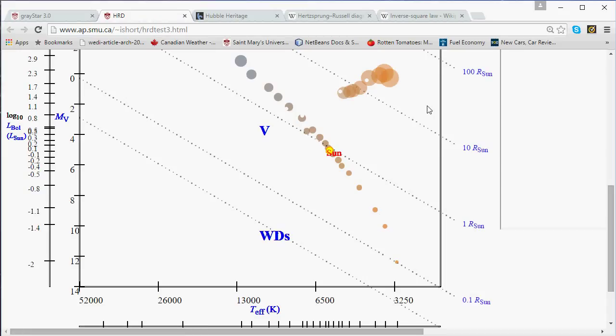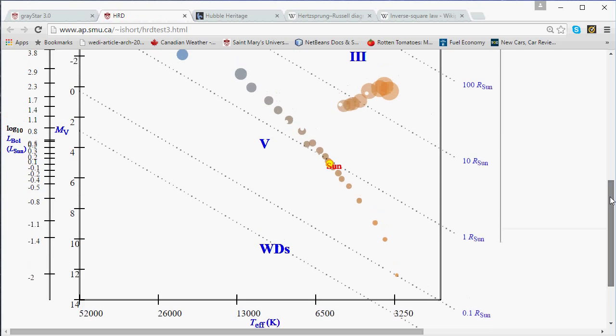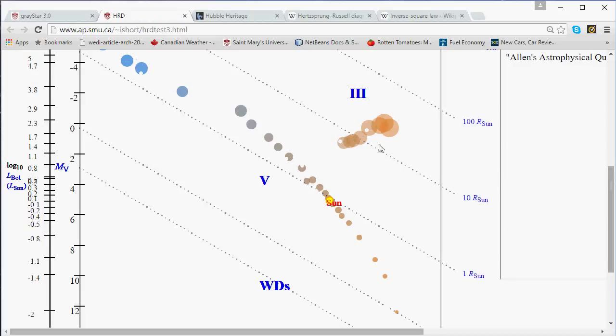In fact, once again, the relative size of the plot symbols that are being used in this graph are representative of the relative size of the stars. Now again, a little piece of terminology here: stars in this group, the giants, are referred to as luminosity class 3 stars.